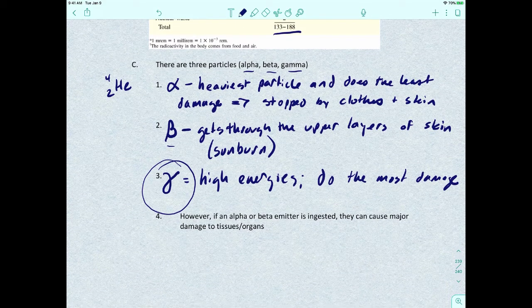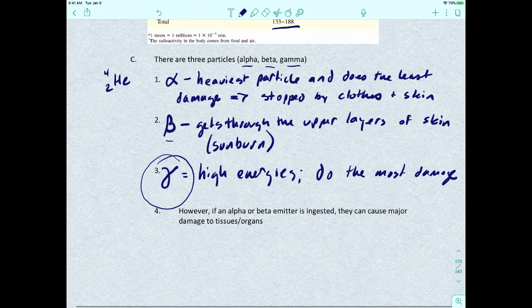Now that being said, when you're getting an X-ray, the reason why you're wearing that lead shield, and the technician taking the X-ray is in another room or behind a corner, is because they're trying to limit the exposure to gamma rays. While alpha and beta particles aren't going to do as much damage as a gamma ray, if an alpha or beta emitter is ingested, they can cause major damage to tissues and organs.